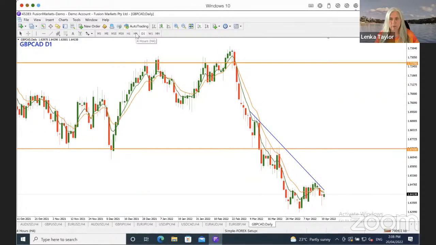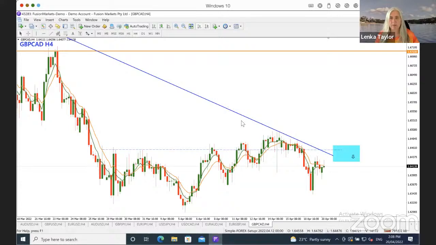So on the 4 hourly for the setup, I'm looking for any reversal around this area or above where the price action is near that trend line, and looking for short there.